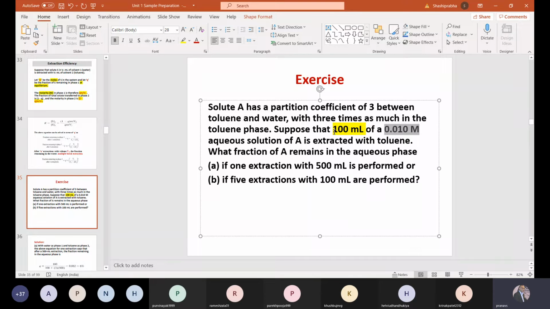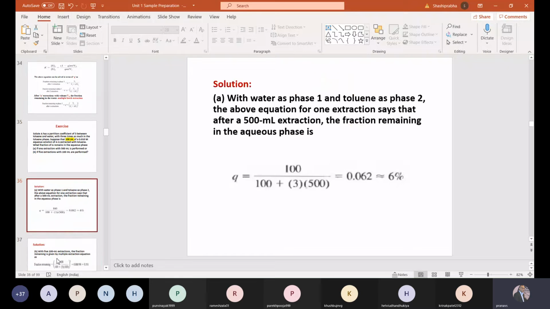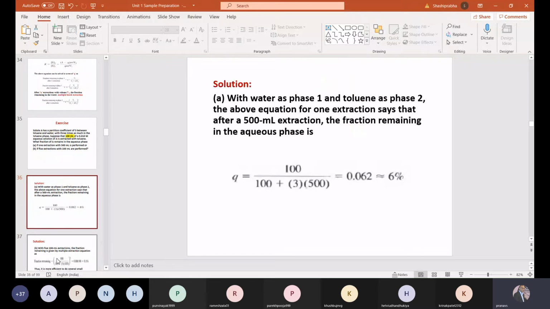Now the question is, what fraction of A remains in the aqueous phase when we perform one extraction with 500 ml of organic phase, or when we perform 5 extractions each of 100 ml? So what would be the extraction efficiency? That is what we are supposed to understand through this problem. Now for this problem I have the solution as well.